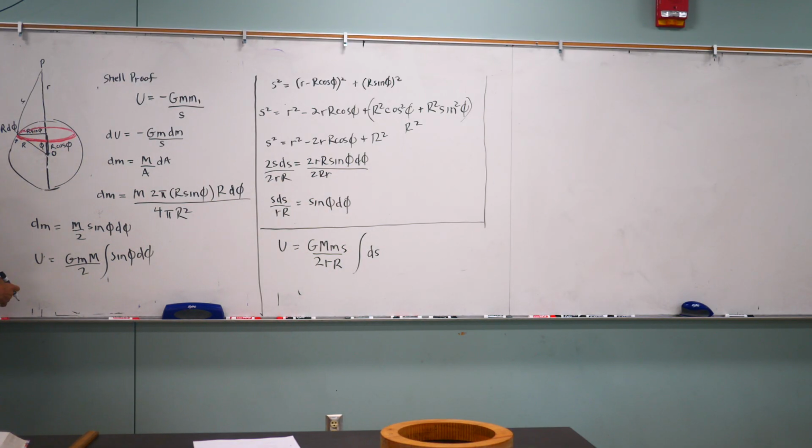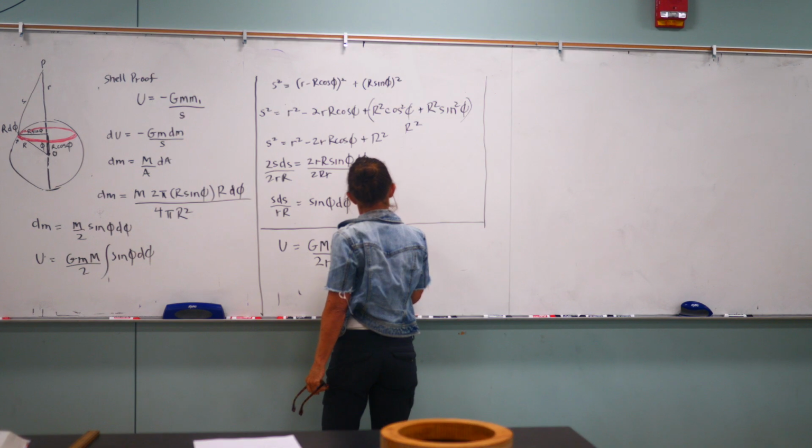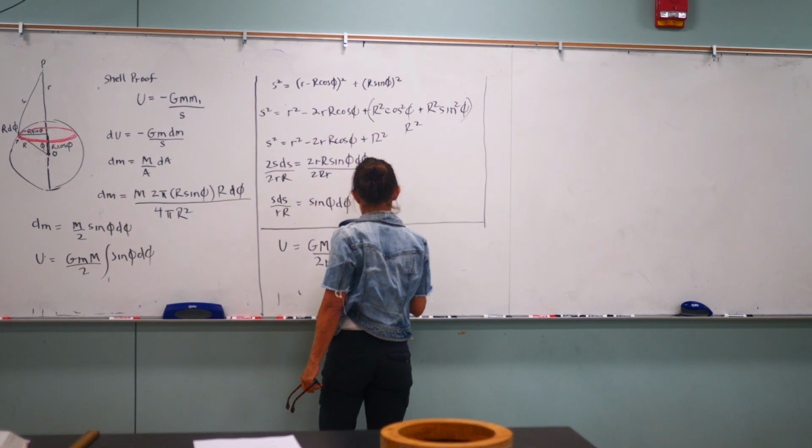From here to here, right? And little r goes from P to the center. So up here is going to be r minus big R, right? And right here is going to be little r plus big R. So this is going to be r plus R, and that's going to be r minus R.